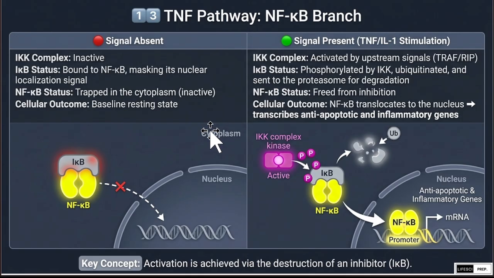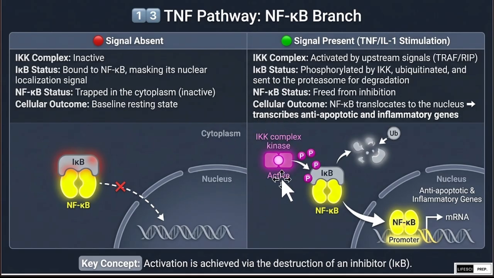But in the presence of signaling, TNF or interleukin-1 stimulation, the IkB kinase phosphorylates IkB and releases NF-kB. Okay, let's repeat.